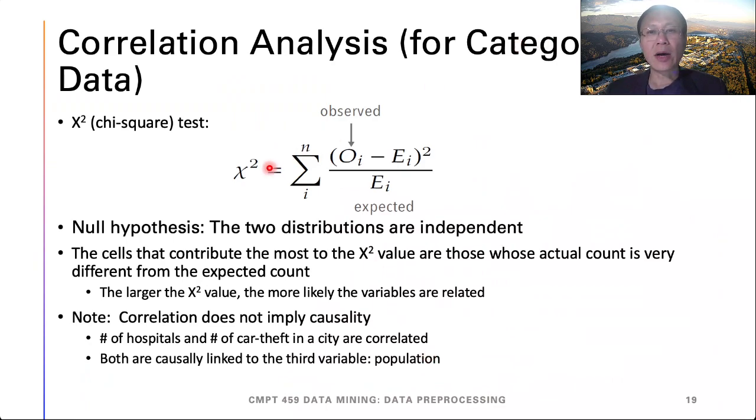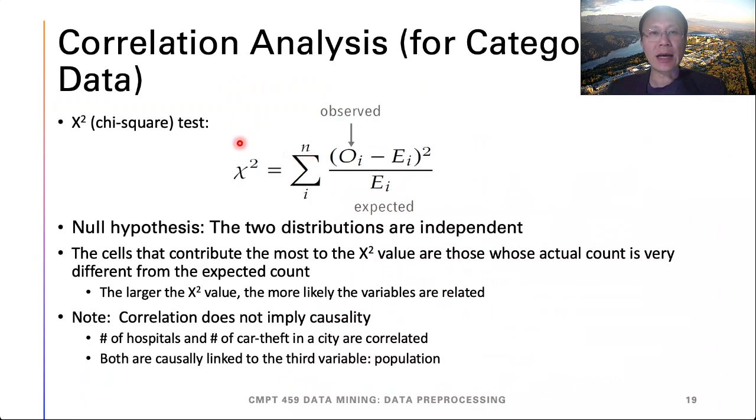The chi-square is the sum of the difference between the observed value frequency minus the expected frequency, squared, and divided by the expectation. We sum them up over all the possible values here.